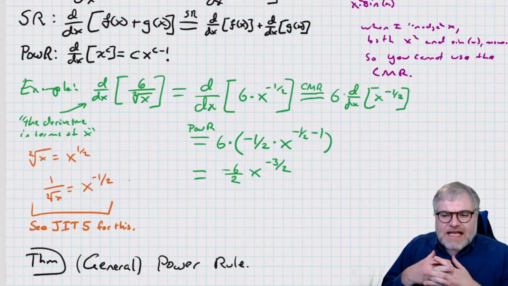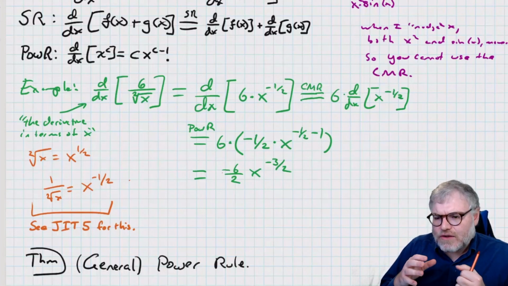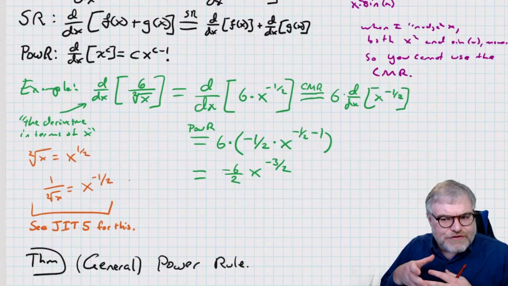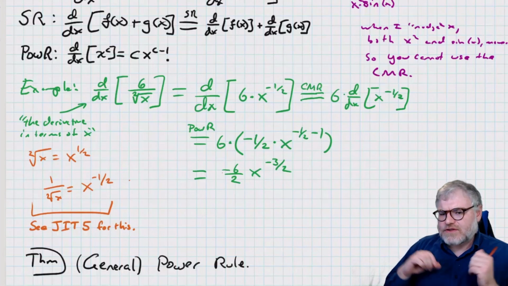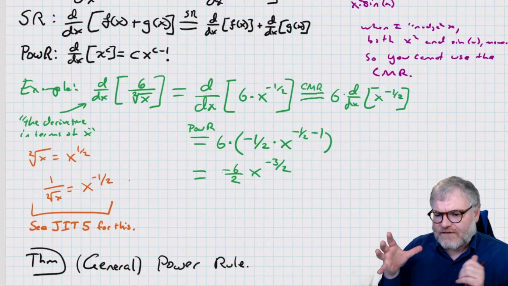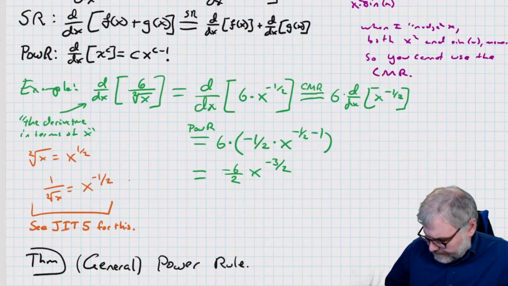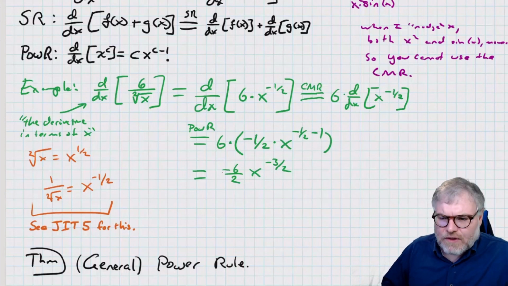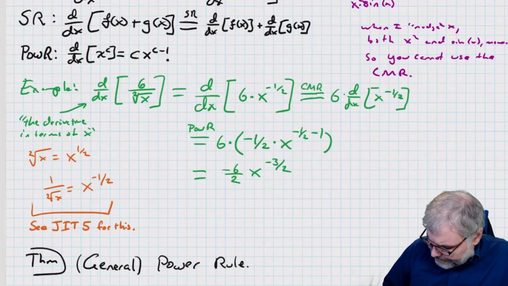It's got a couple of other exponential tricks, like how you can do a lot of trig using exponents, and the exponent rules about manipulating exponents. All of that is in an optional review lecture called JIT 5, Just in Time 5. It's week 5, so that's why it's Just in Time 5. And then there's also a corresponding WebAssign that will go over those same rules again.